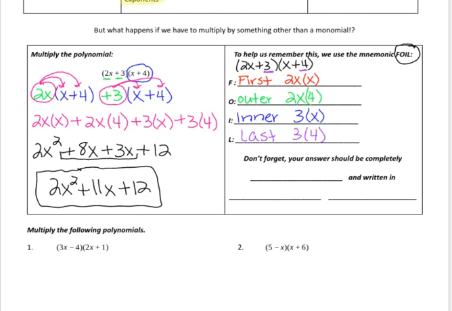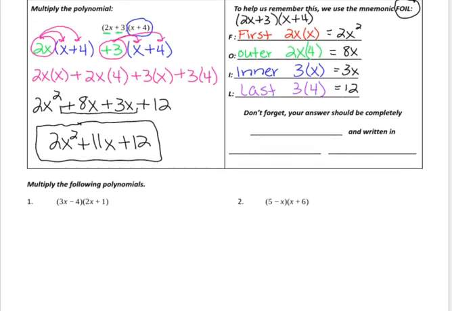All right, so then what we would do is the exact same thing we did over on the left. Now we're just going to simplify and combine like terms. So this becomes 2x squared, this becomes 8x, this becomes 3x, this becomes 12. And so when we simplify that down, we get to the same answer. We get 2x squared plus 11x plus 12.